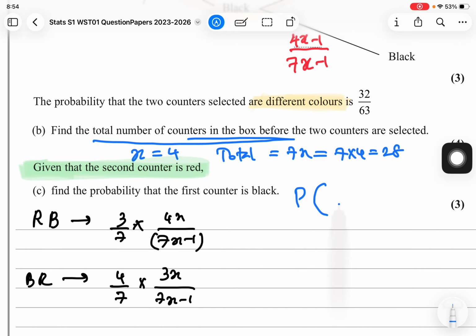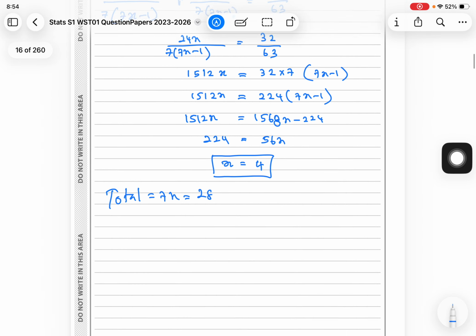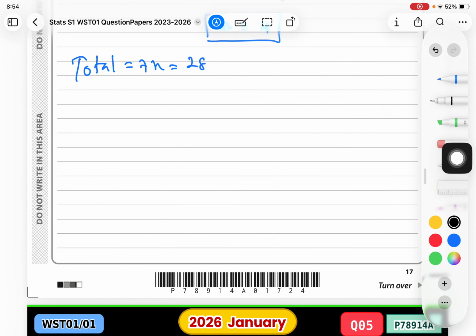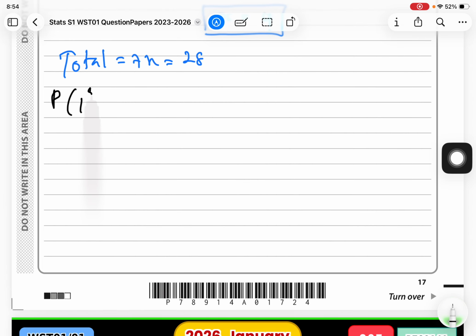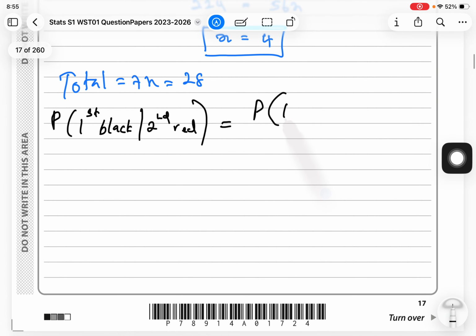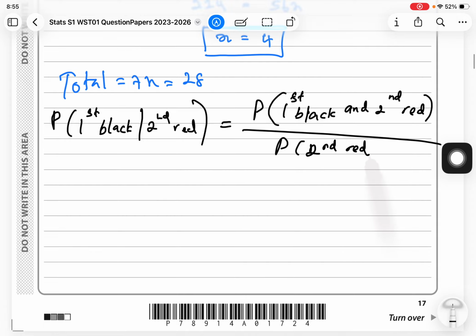The probability of the first counter being black, given that the second is red. The way the probability function works, you have to say the intersection, which is first black and second red, divided by the probability of second red. So the first black and the second red.